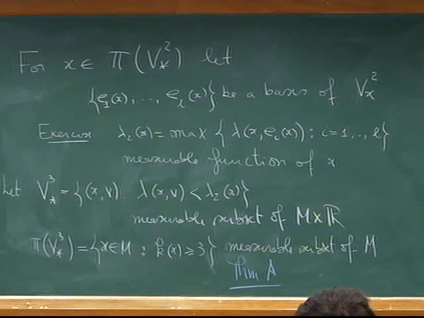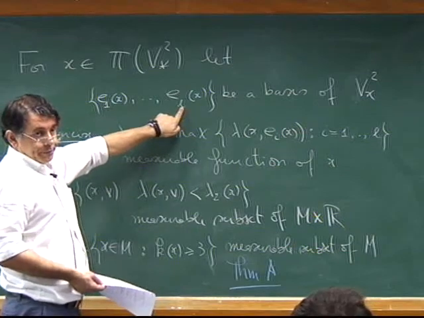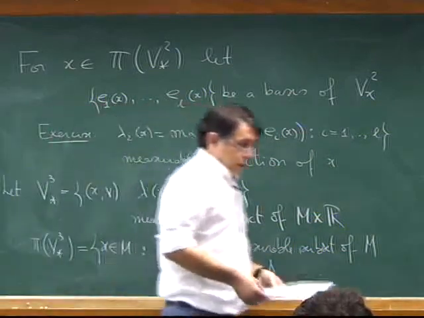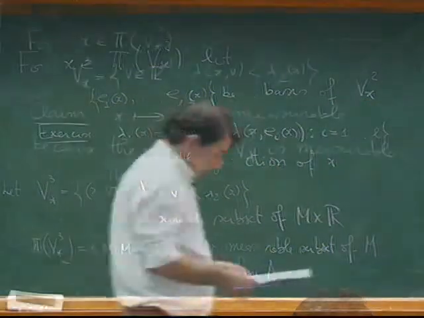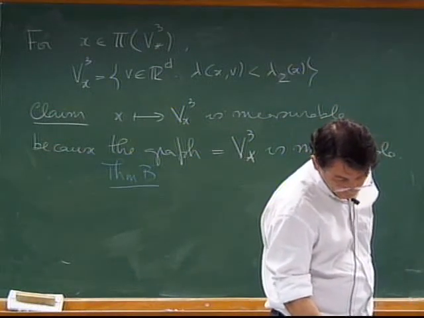But I did skip one step. In the book, it's written with the details. I skipped one step where you first have to break this according to the dimension of the V2. But these decompositions are only into a finite number of subsets.